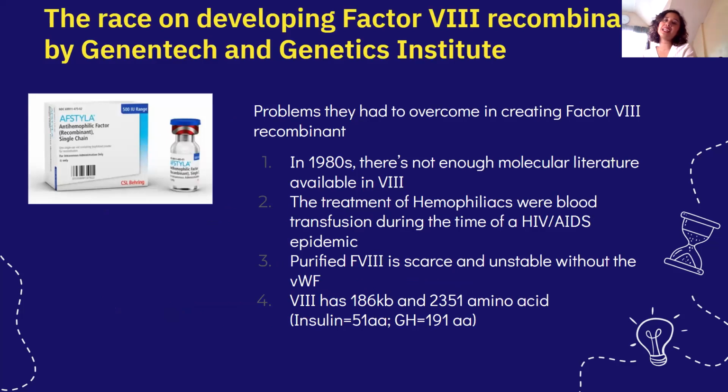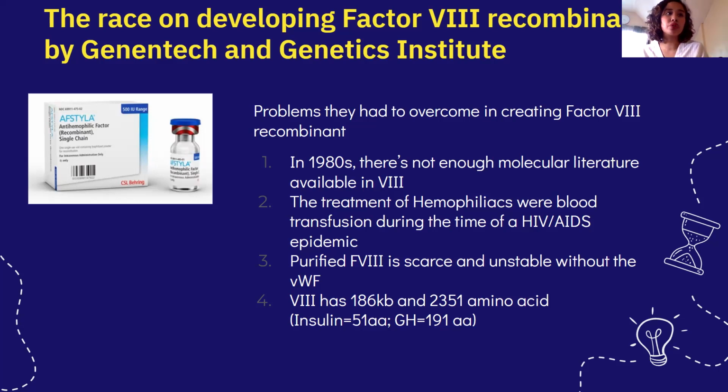So guys, ang isa sa pinakamagandang resulta, talagang groundbreaking result of recombinant DNA technology was the production of factor 8. So factor 8 is missing among patients who have hemophilia. So madaling mamatay dati ang mga patients with hemophilia.